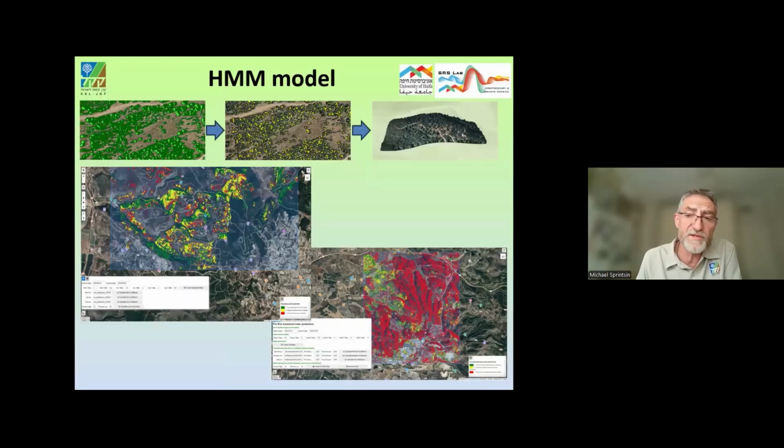We can also do the same by applying more complicated approaches like Markov chain classification with biomass calculation and mapping vegetation recovery throughout the regeneration, marking every tree and species composition, etc. This is a very recent work from the last 2 years done by researchers in the remote sensing laboratory of Haifa University.